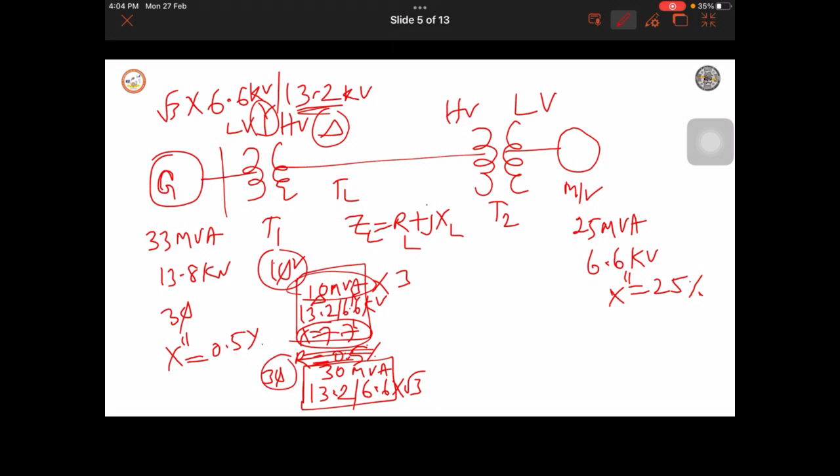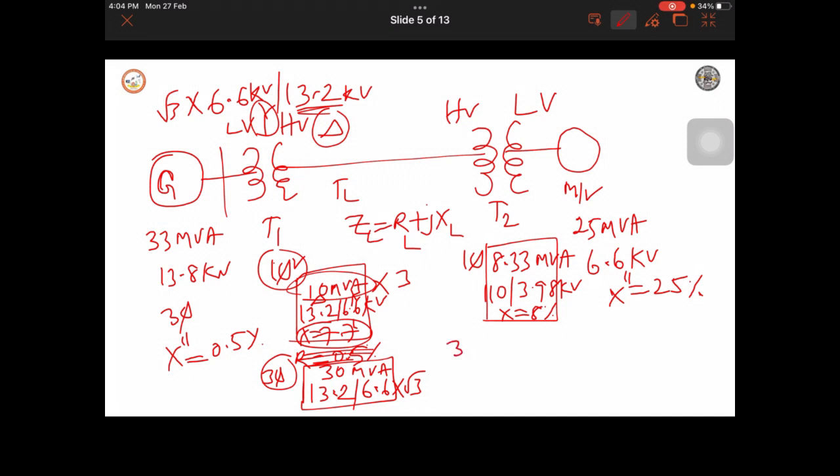Next, transformer 2, let us write the single phase rating of this machine. Here it is 8.33 MVA, 110 bar 3.98 kV and reactance is 8%. Resistance we don't consider, only reactance you consider.